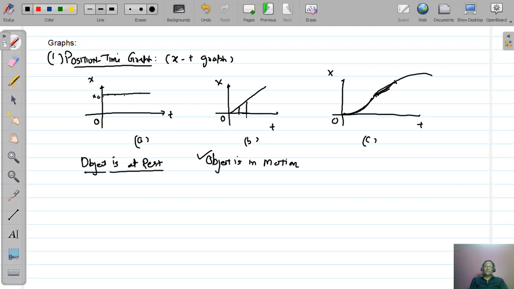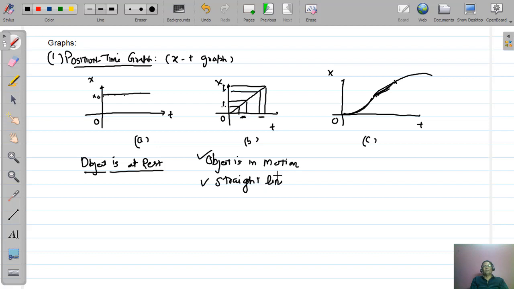Straight line graph means for an equal interval of time, if we take this interval, this change in position is equal to the change in position if we take another interval here. If the intervals are equal, then the changes in position will also be equal.